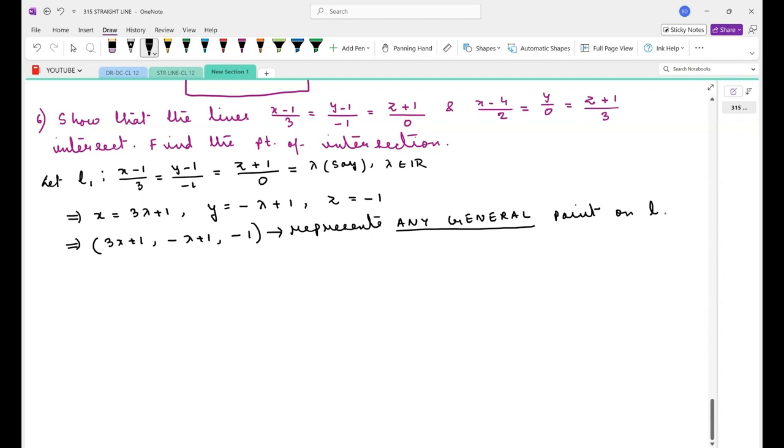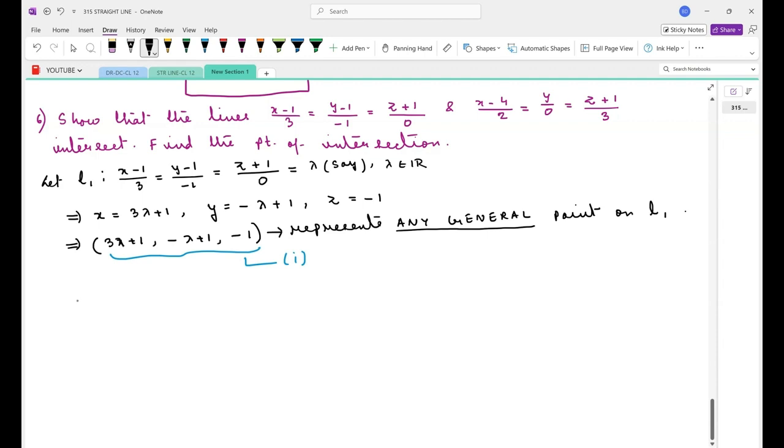This is very, very important. This technique helps in a lot of the sums. As lambda is a running coordinate, if you change the values of lambda, you get different specific points on the line. So these three coordinates in terms of lambda represent any point on the line. Suppose we call this representation of any point on line L1, 1.